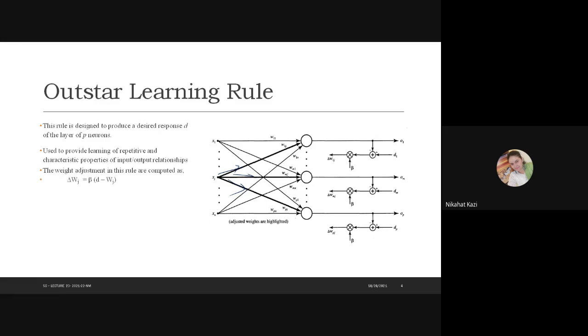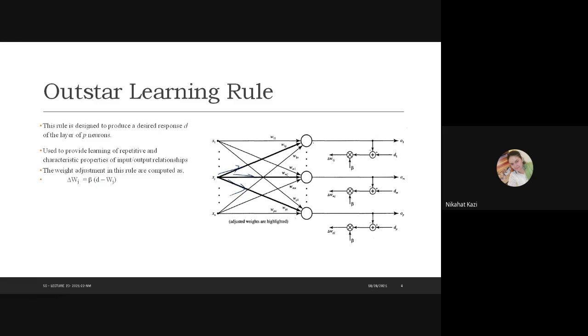And the weight adjustment is beta times (d minus wj). Okay. Now this d indicates that you have labeled data, so the kind of environment that it is used in is supervised. It's a supervised environment. d is the desired output. Okay.